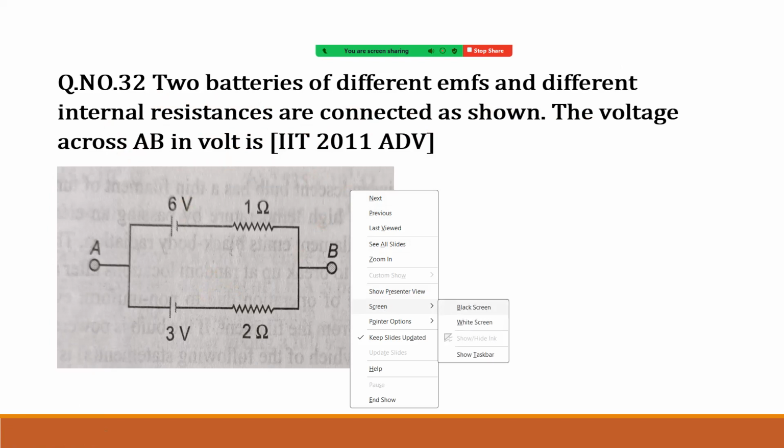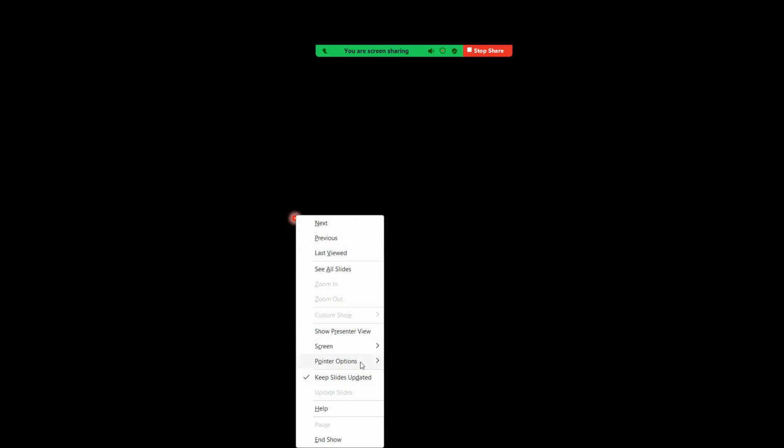Given values: 6 volt 1 ohm. Next one is given, it is 3 volt, 2 ohm. 3 volt, 2 ohm.